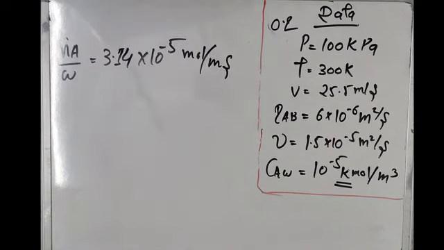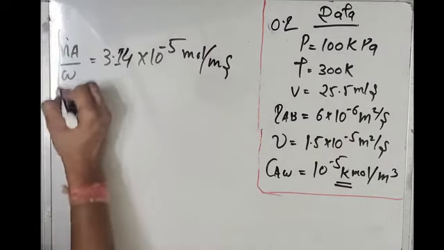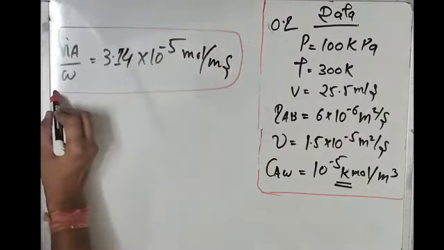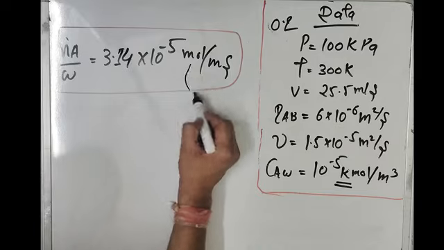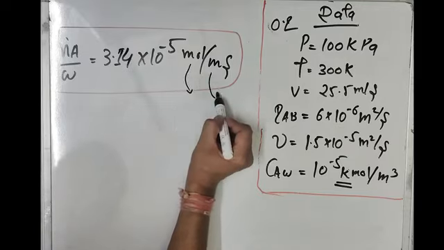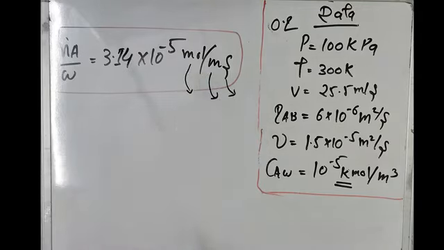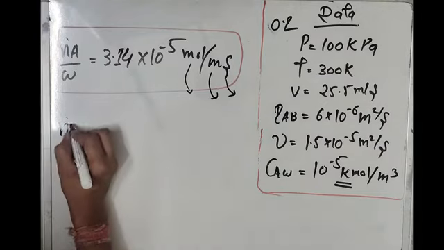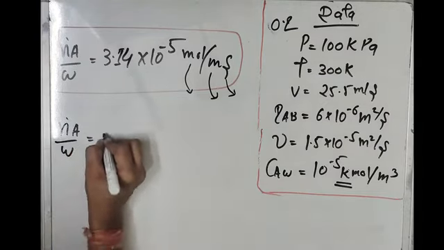The rate of loss of naphthalene per unit width is obtained, but this is in mole per meter second. We have to convert it to mole per meter hour. To convert it, we have to multiply it with 3600. So let's multiply.